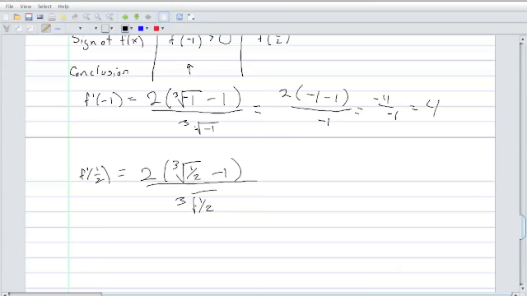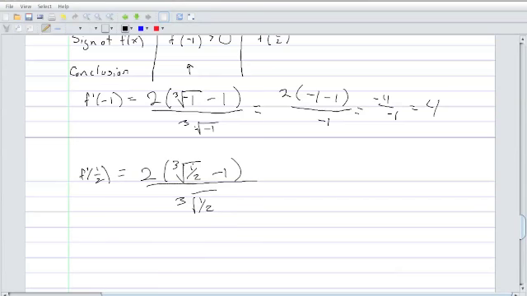Well, let's see, we know that the denominator is positive. We know that this number is also positive and is also less than 1. So the cube root of this number, some number less than 1, minus 1, this number should be negative.